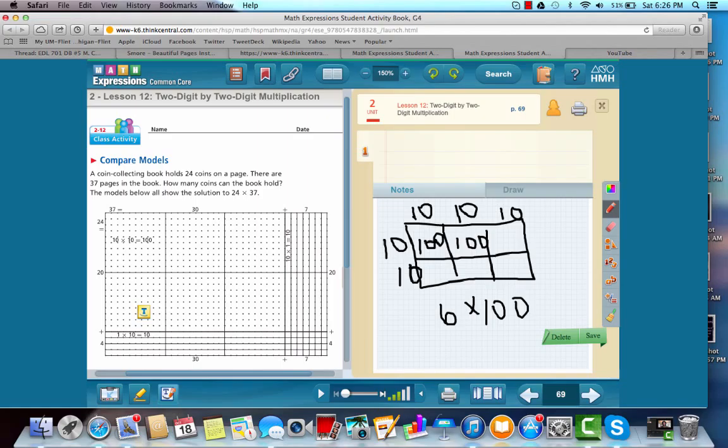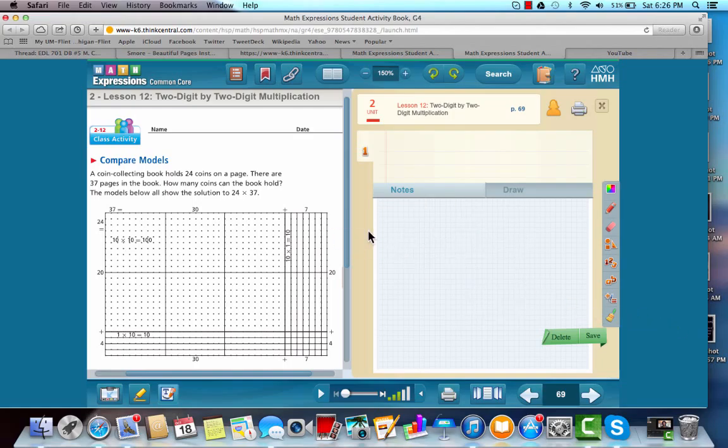And now when you have the 4s, you have 4 down here, but you still have 10 up here. So let's draw our big box using this area model.